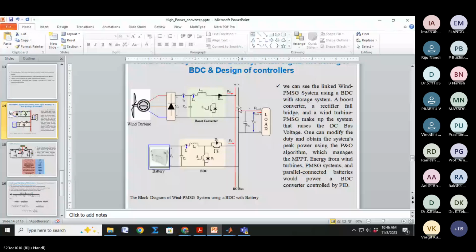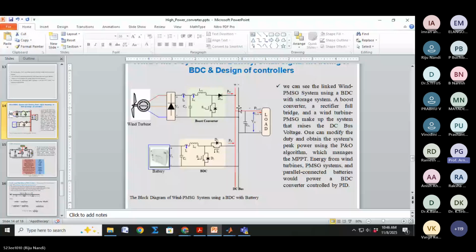Two regulations will be there: one is output voltage regulation, another is input voltage regulation, input current regulation or voltage regulation. Because we are changing the voltage, with power fixed, both will be affected. Line voltage regulation, load voltage regulation, and reference tracking. These 3-4 are the points of concern for us.